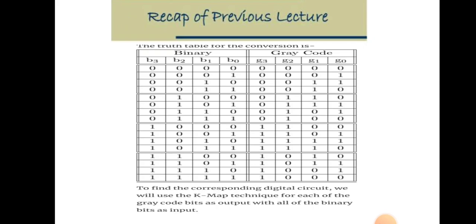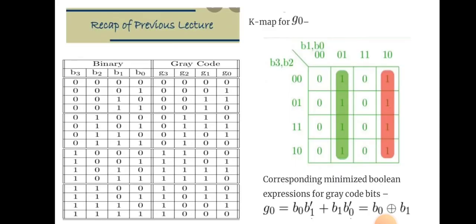Then we have seen one truth table. As we know, while designing any combinational circuit, the first or initial stage is to recognize the inputs and outputs. The second stage is to draw the truth table for the codes. Then next step is to draw the K-map for each output.